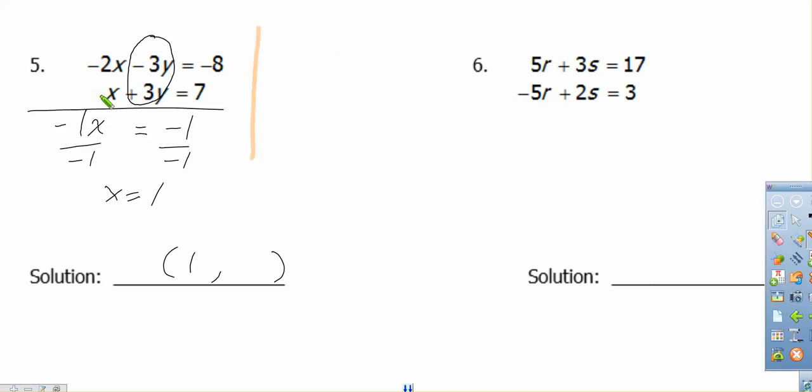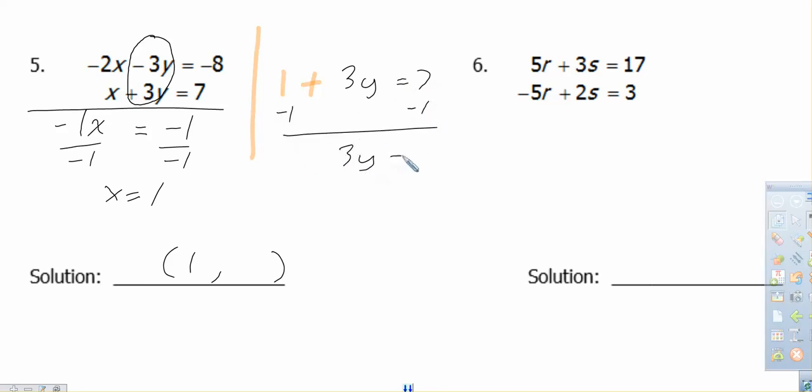We can go and do that. x plus 3y. So x is 1 plus 3y equals 7. So we can subtract 1, which means that 3y equals 6. And dividing by 3, we get that y equals 2. So x is 1 and y is 2.